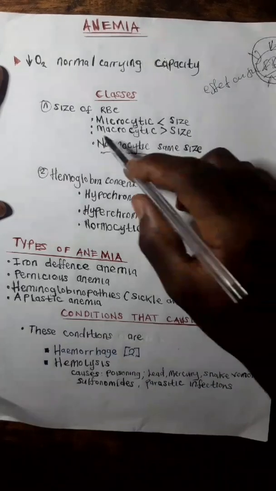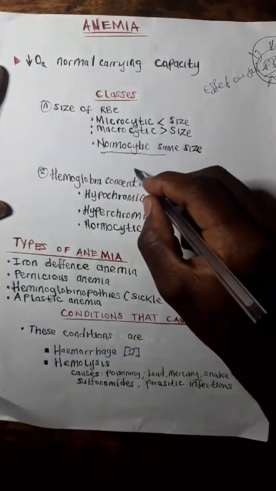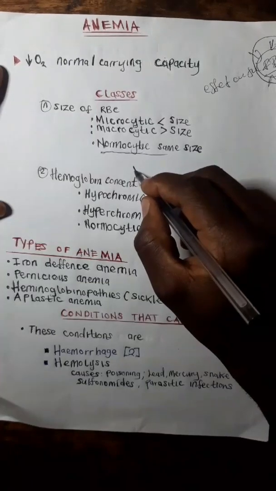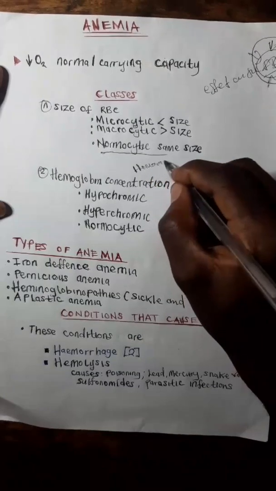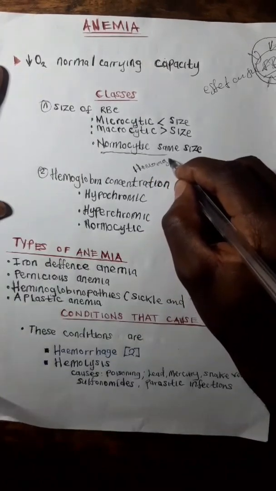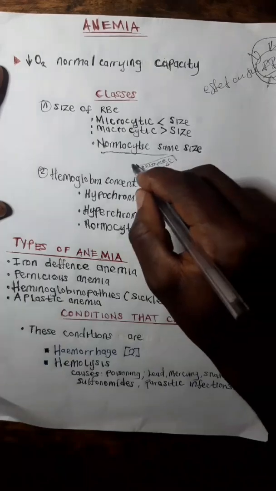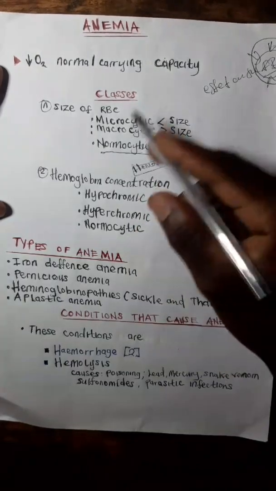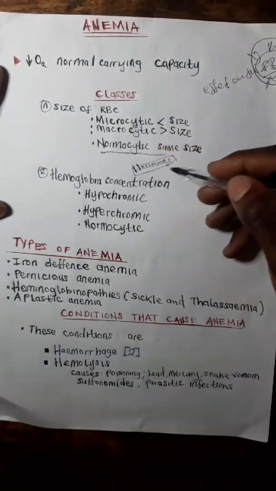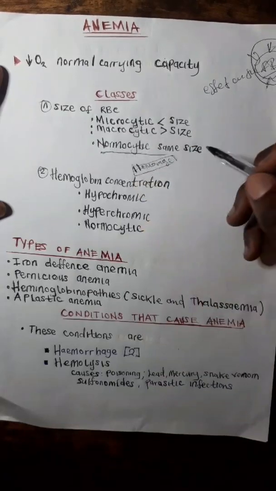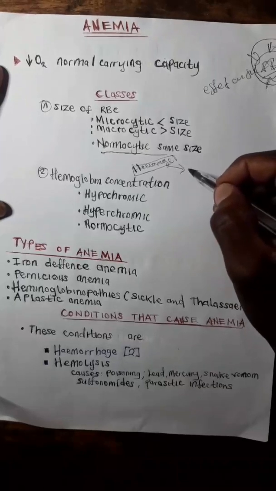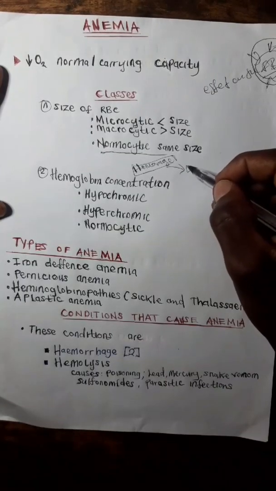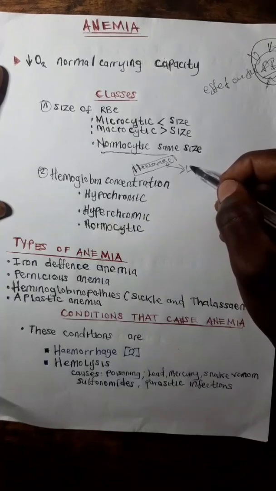An example that we can give is hemorrhage. Bleeding can lead to anemia. Now, the type of anemia that bleeding can lead to is the normocytic anemia, because blood will be lost out of the body, but the size of the red blood cells can't be changed.